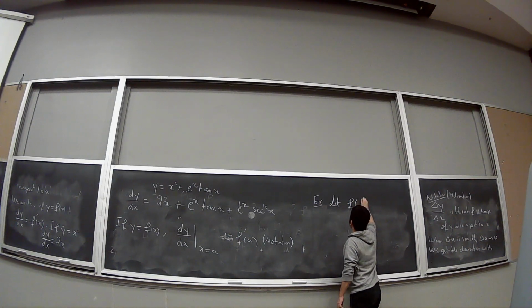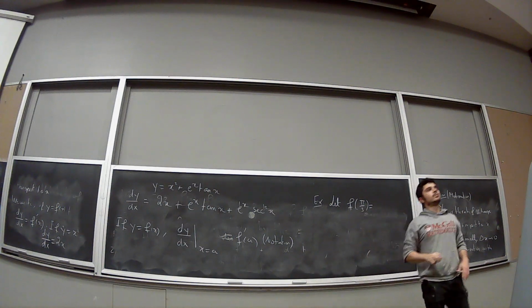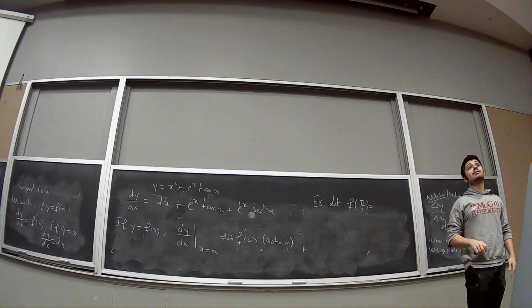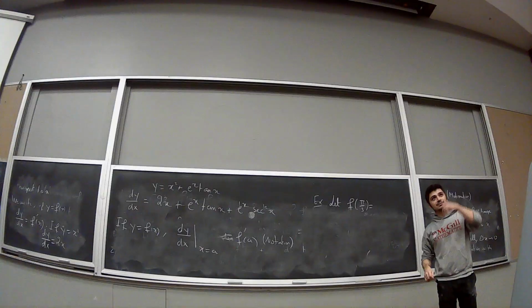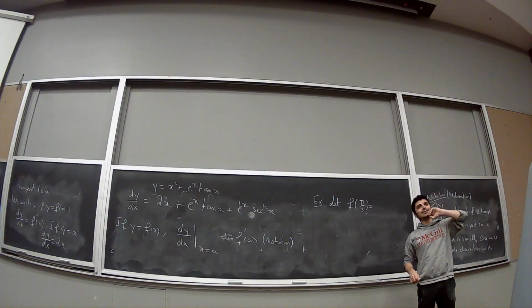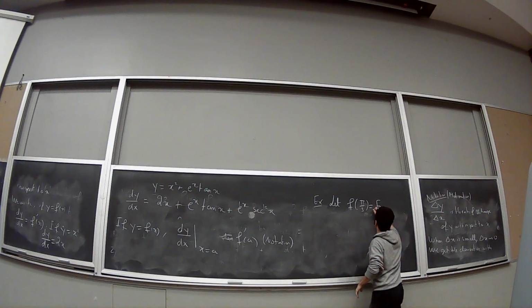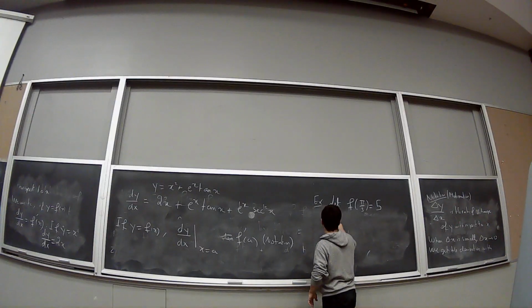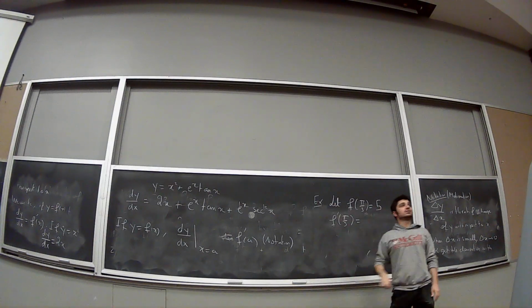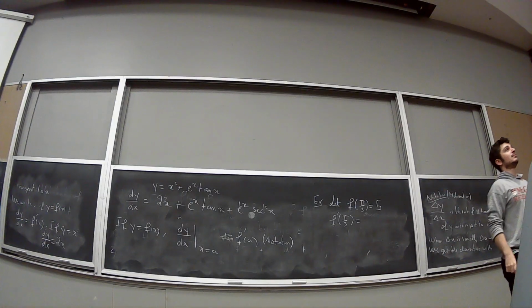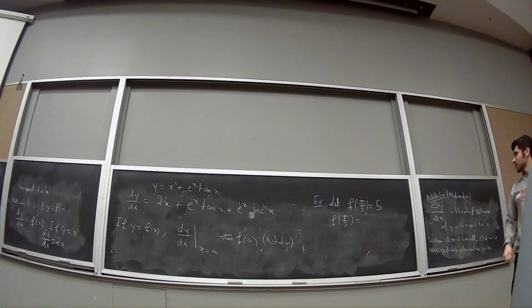So let f of pi over 3. Who wants to give me a number? Yours is 5? f of pi over 3 is 5. f prime of pi over 3. Another number. Who wants to give me a number? In the back, 9. Okay, great.